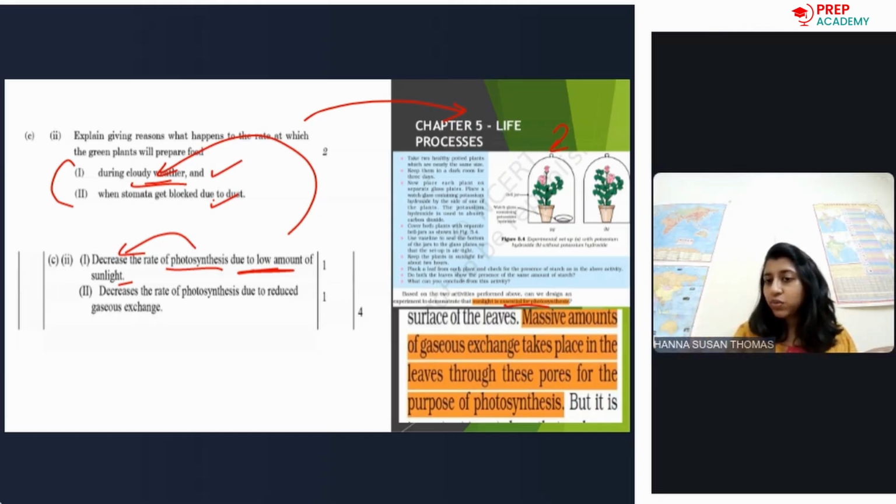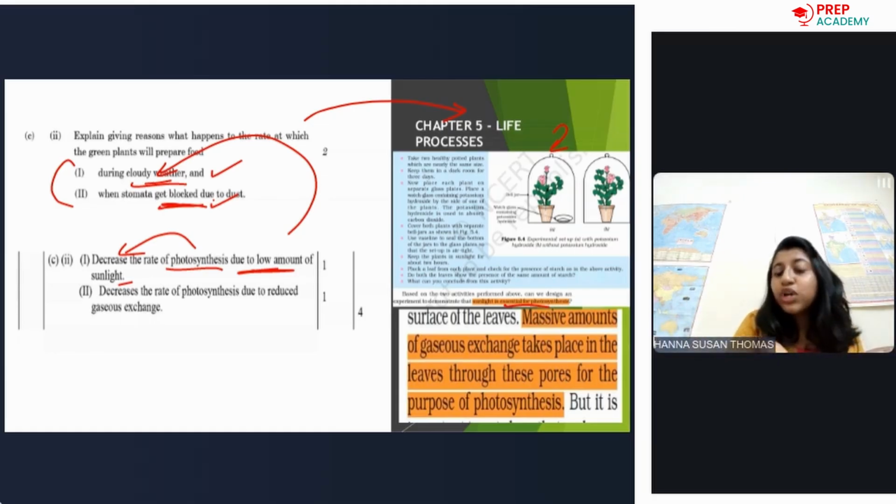During this process, plants take carbon dioxide along with sunlight. So gaseous exchange is very important, because in order for plants to prepare their own food, they require carbon dioxide, and the intake of carbon dioxide can only happen through these pores called stomata.